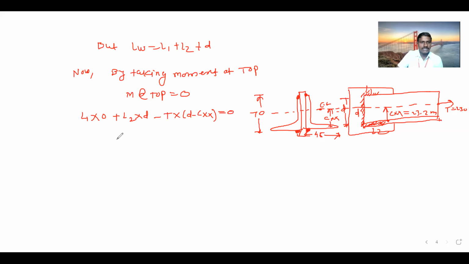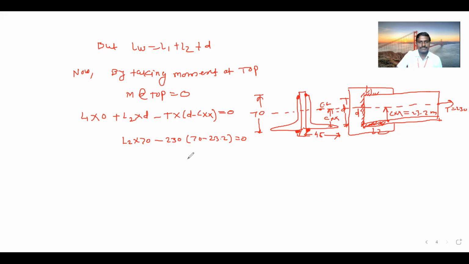Okay, so here now L2 into 70 minus T is 230 into D, that is 70 minus CXX, that is 23.2, is equal to 0.